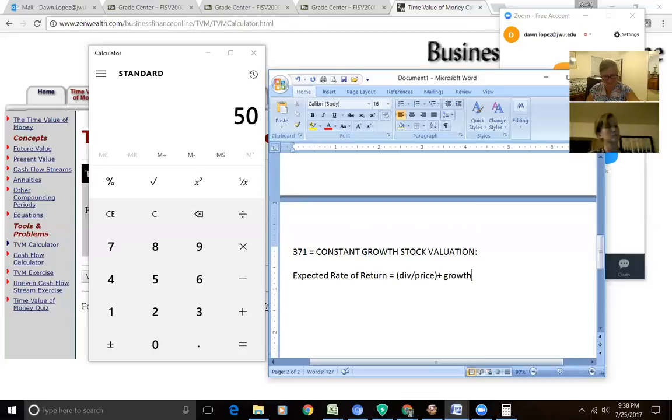On page 372, it has the same formula, but it rearranges it a little bit for you. It's basically saying, what is the price of the stock? That's what we have been solving for.